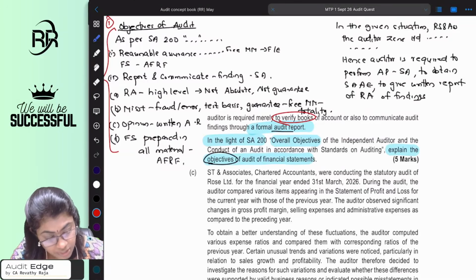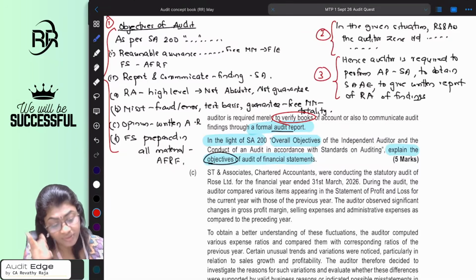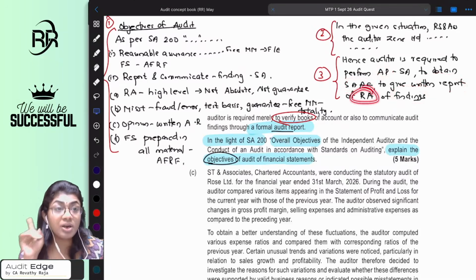So guys, this should be the second part of the answer in the given case, and in the findings you should clarify. Therefore, the auditor should perform audit procedures to obtain evidence, a written report and findings with reasonable assurance.